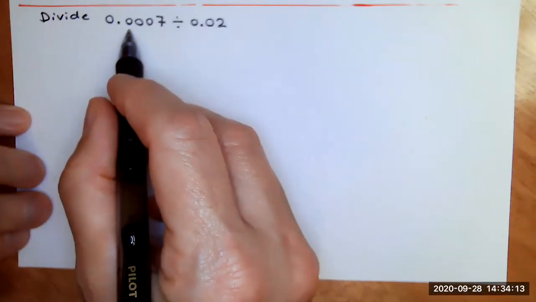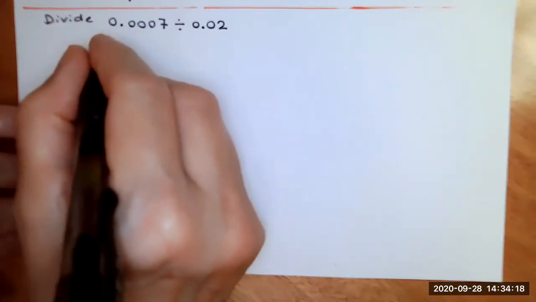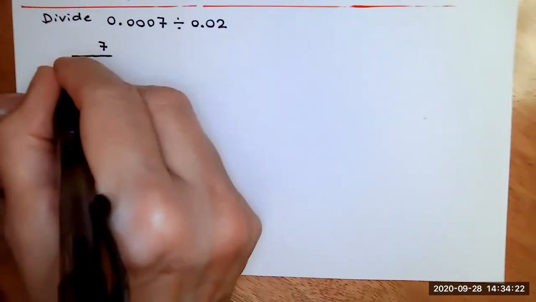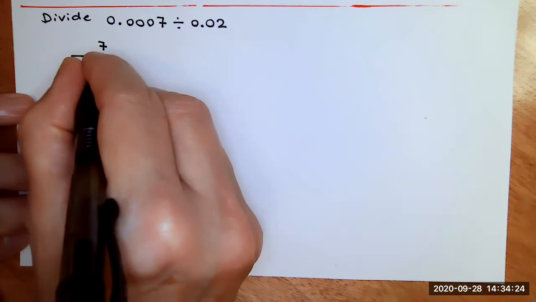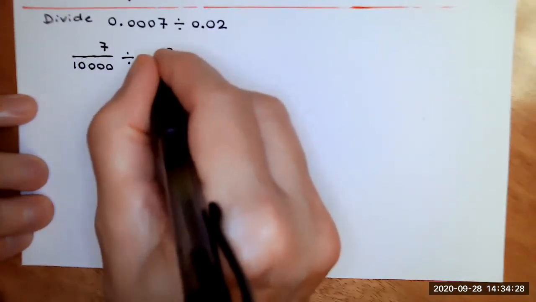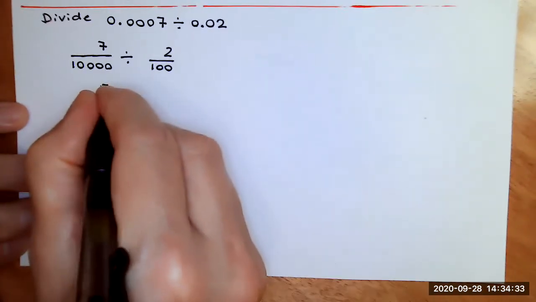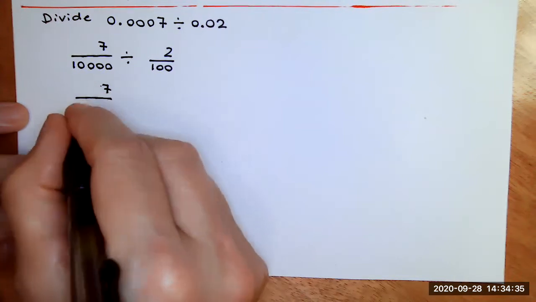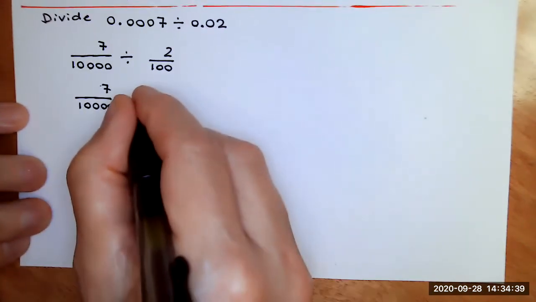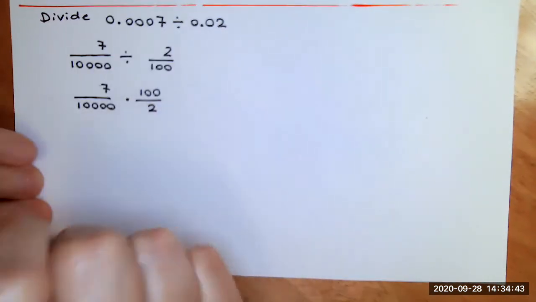All right, let's look at 0.0007 divided by 0.02. So if we wrote that as a fraction, that would be 7 over 10,000 divided by 2 over 100, which is 7 over 10,000 times 100 over 2.